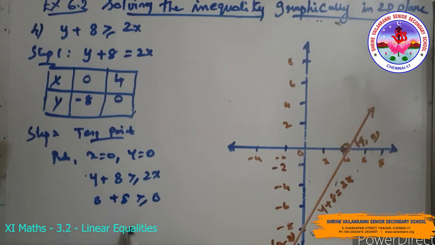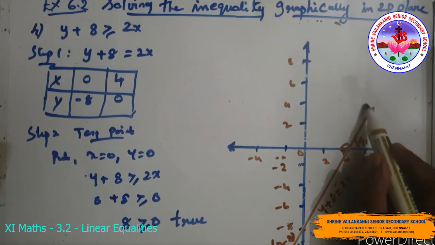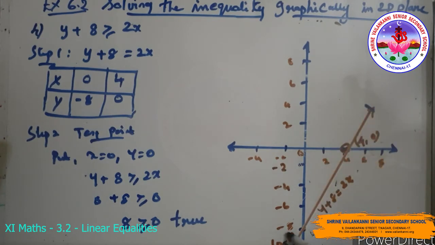So 8 is greater than 0, which satisfies the condition, that is, it is true. If it is true, the region lies towards the origin. So we have to shade this part.